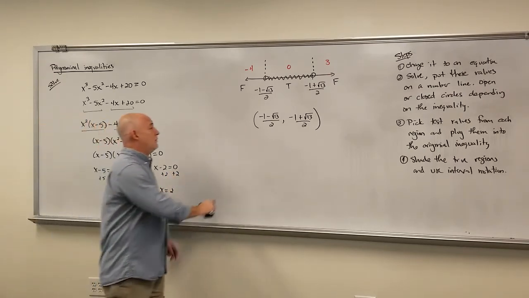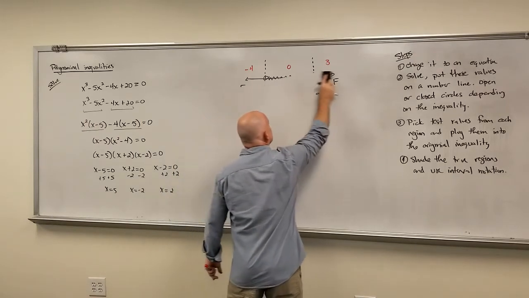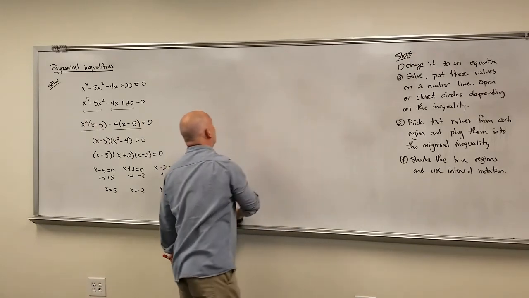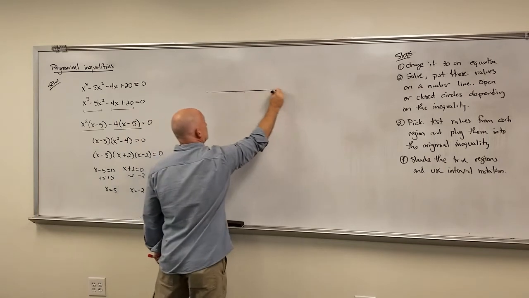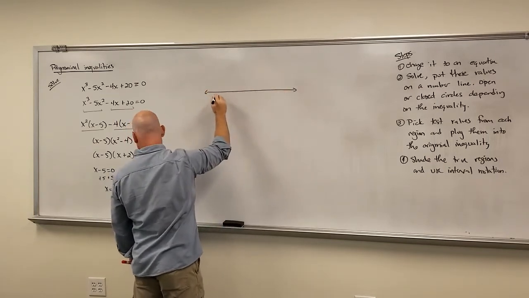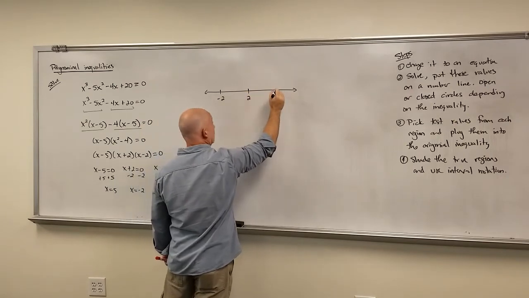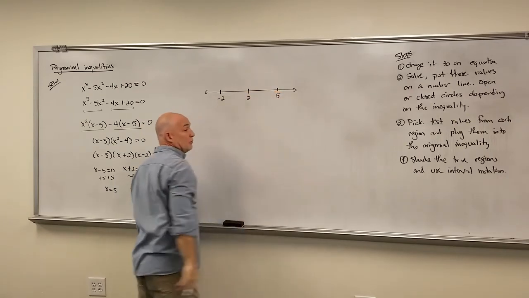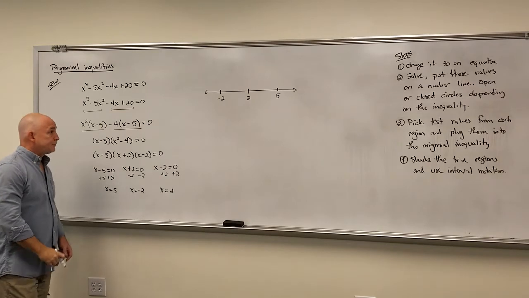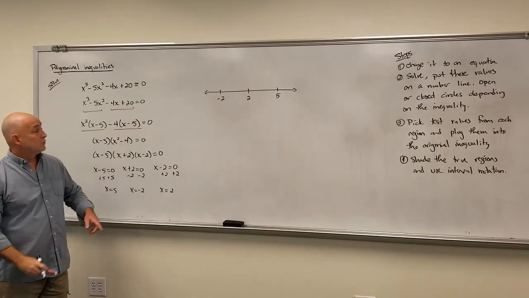All right, so we solved the polynomial equation, but this is an inequality, so we need the number line to help us decide where to shade. So you take each one of these values, let's say it goes from -2, +2, and 5. We put all those values on the number line. Now, do these get open or closed circles?